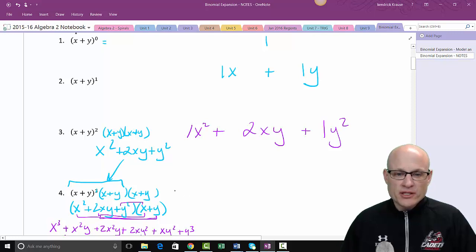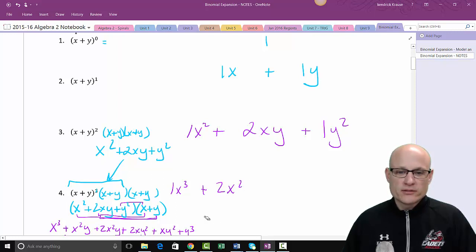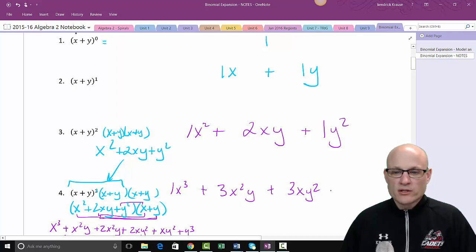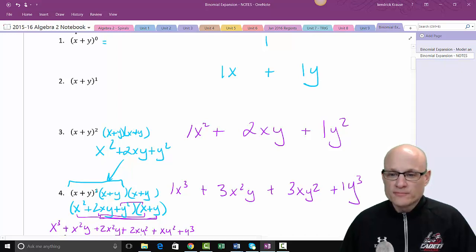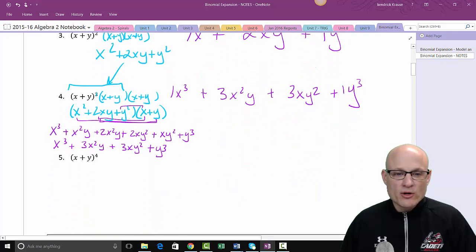And this one became 1x cubed plus 3x squared y plus 3xy squared plus 1y cubed. That was that one. Now we got one more to do.